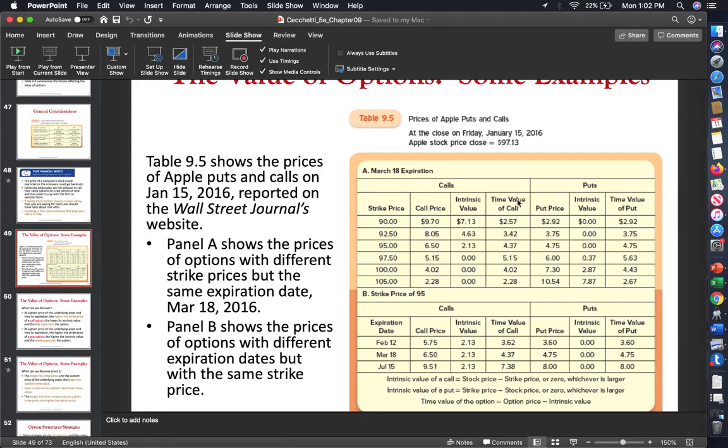So we can figure out the time value of the call option if we simply subtract the intrinsic value from the call price, because we know the call price consists of intrinsic value and the time value together. So $9.70 minus $7.13 is $2.57. $2.57 is the time value. For the put option it is $2.92.